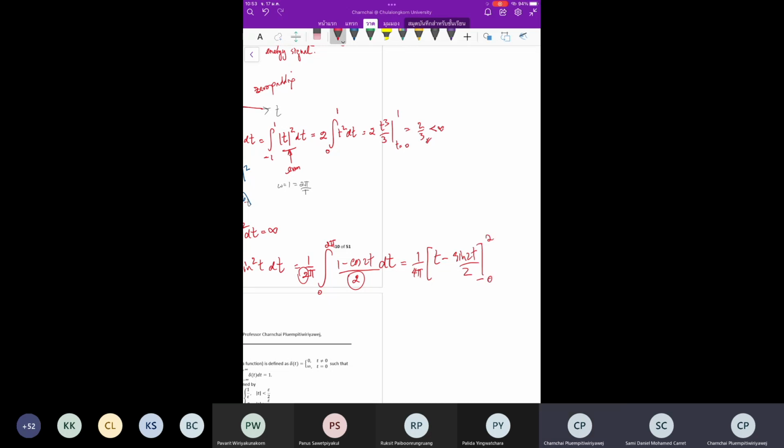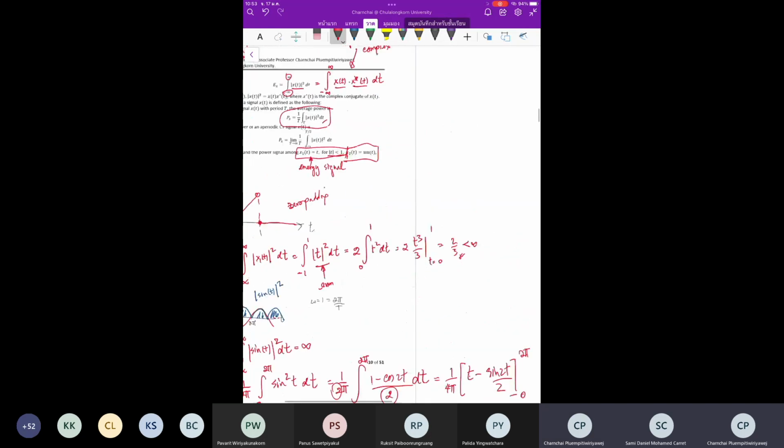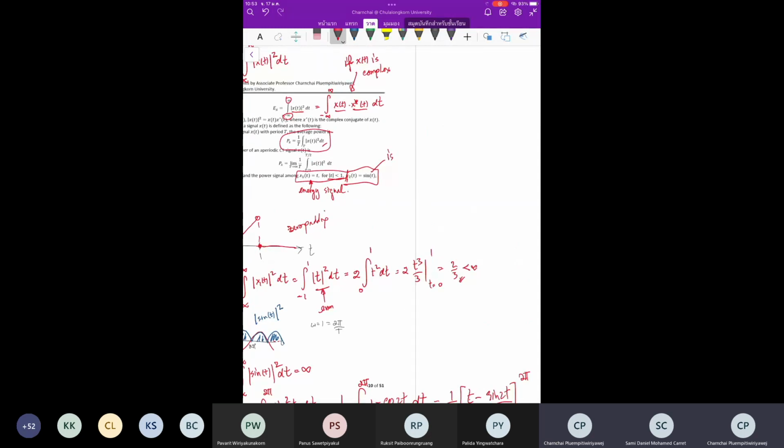So we got 1 over 4 pi, t is 2 pi, so we got 2 pi minus 0 minus sine of 4 pi. Sine of 4 pi is 0, right? Okay, so we got 1/2. And it's of course less than infinity. Therefore, sin(t) is a power signal.